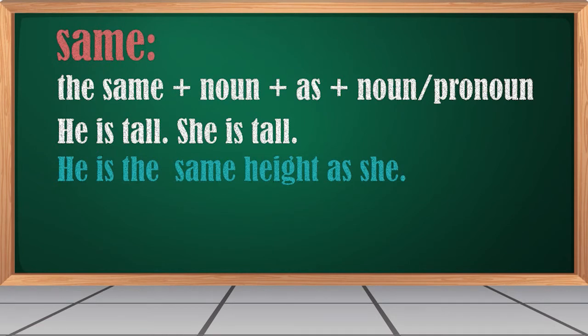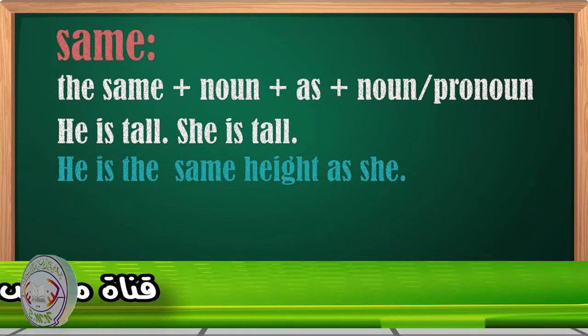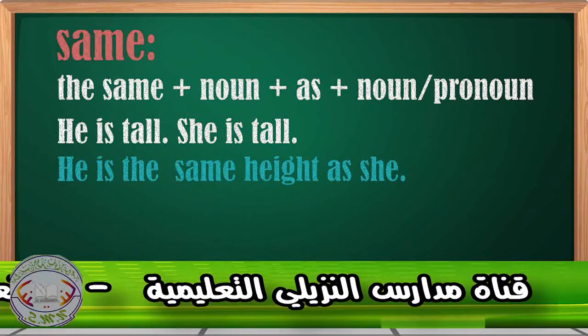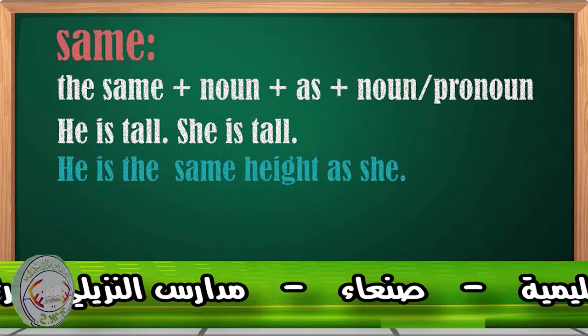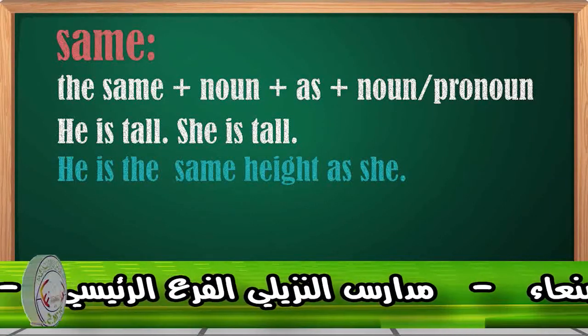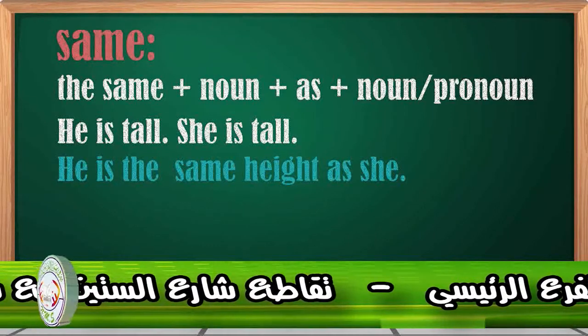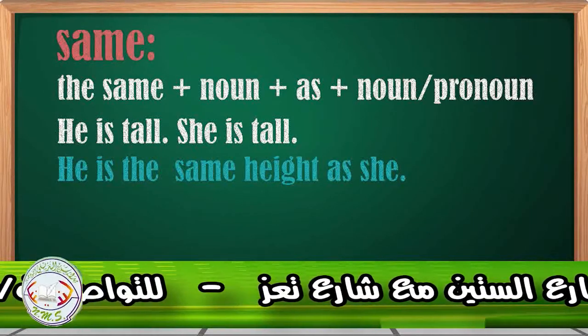So he and she are sharing the same idea, tall. And we want to join these two sentences in one sentence with using same. Same followed by noun. So the sentence should be, he is the same height as she. Look, height, not high.